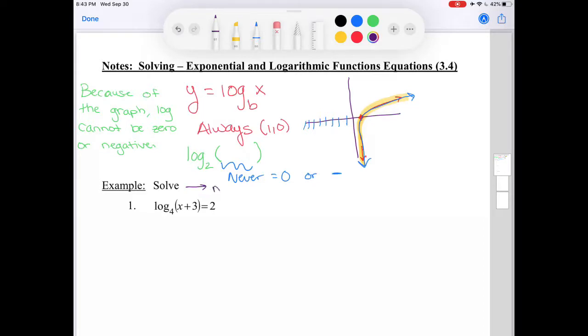So our directions for questions 1 through 7 are to simply solve. And in order to solve, I am going to be making conversions. If you think about it, our two conversions were logs to exponential, and vice versa, I can go from exponential to log.